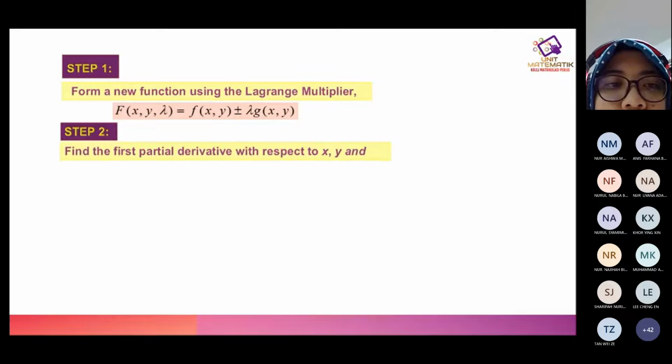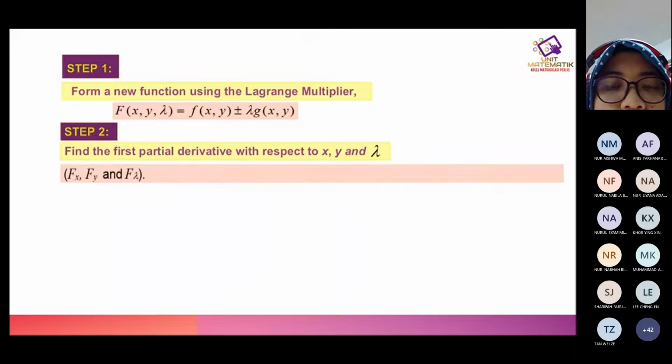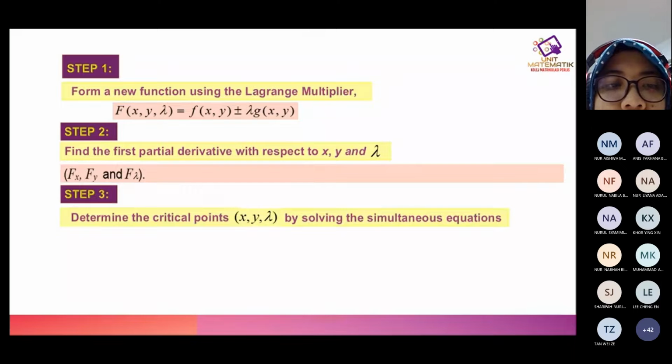Step 2. Find the first partial derivative with respect to x, y and lambda. That means find F sub x, F sub y and F sub lambda. Step 3.